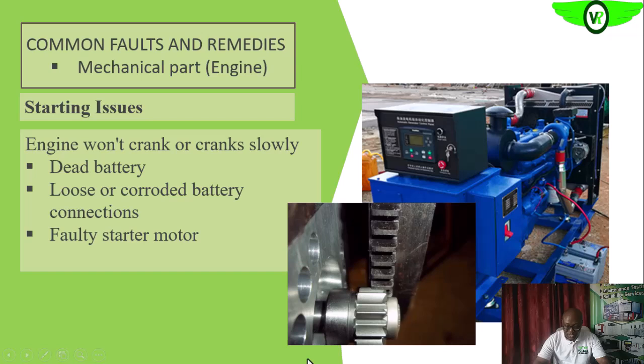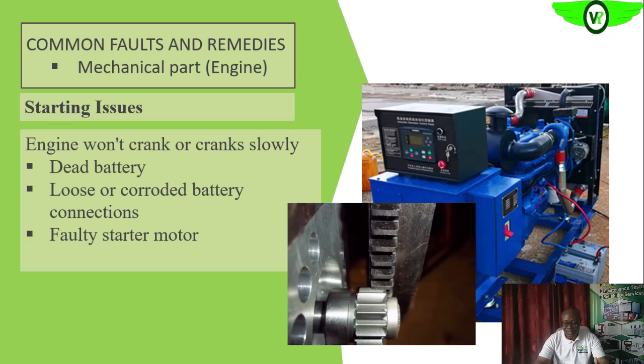Okay. We know that the starting motor is what is actually producing that initial turning force that is needed for the engine to start, that is needed to crank the engine. Okay, so how does it do it? You see that this pinion gear is attached to the shaft of the starting motor. So when you start, this pinion gear, in conjunction with the solenoid that you have on top, we'll see it clearly later, okay, pushes this pinion gear out to engage the gear teeth that is on the flywheel of the engine.